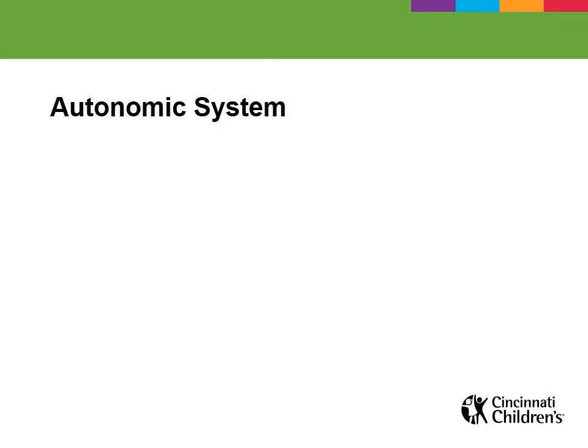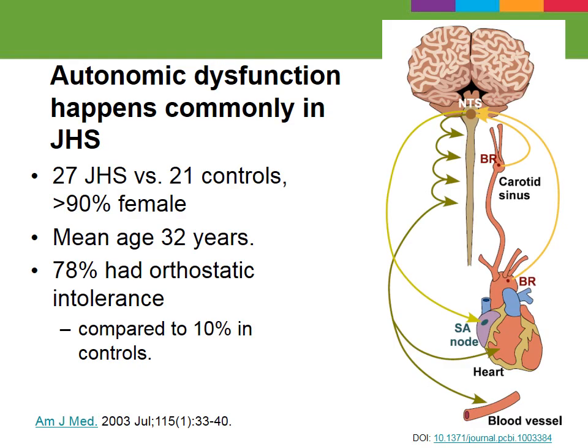Moving on, the other main problem area for our patients is the autonomic system. The earlier study from 2003 showed that autonomic dysfunction occurs commonly in patients with, and it was here defined as joint hypermobility syndrome. And they looked at 27 patients with hypermobility syndrome versus 21 controls.